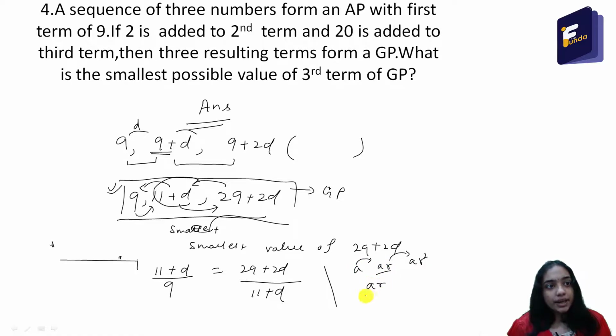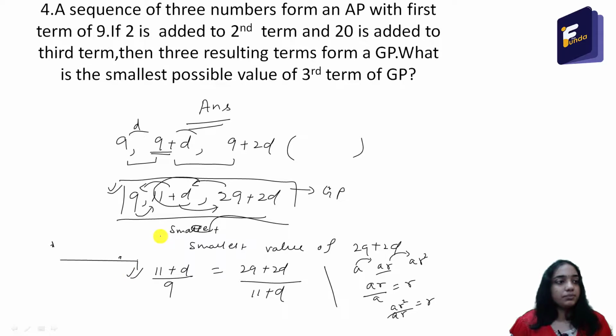Because AR by A is equal to R, and AR square by AR is also equal to R. The second term by first term, AR by A, is equal to the third term by second term, AR square by AR. This is the thing I am writing here. Simple. So now I will cross multiply this whole equation.